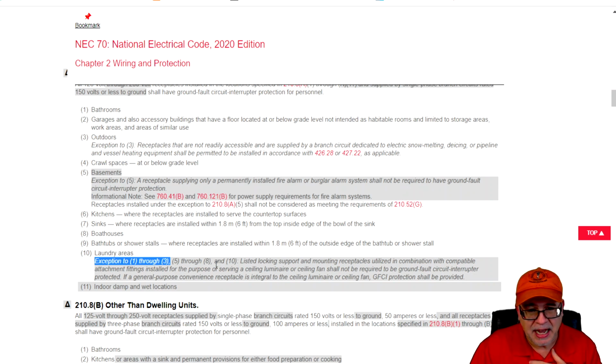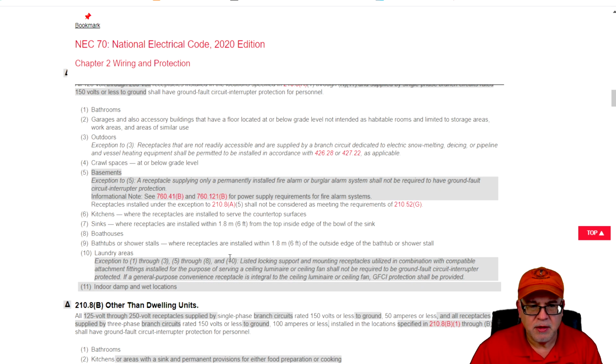It doesn't apply to 9, but it also applies to 10, which is laundry areas. So it's not going to touch the crawl space or the bathtubs and shower stalls. So what is this all about?